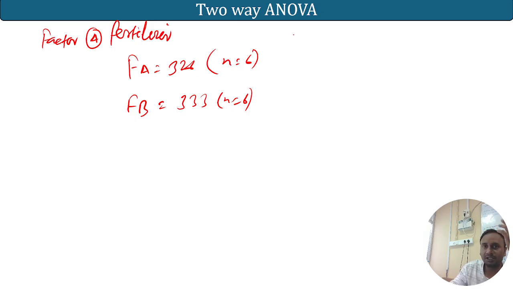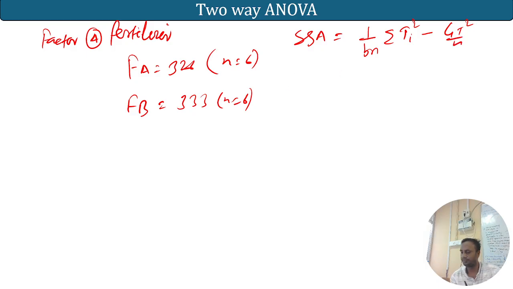So now how will we calculate SSA? 1 by Bn summation of Ti square minus Gt square by n. How much do we have? 2, number 3.